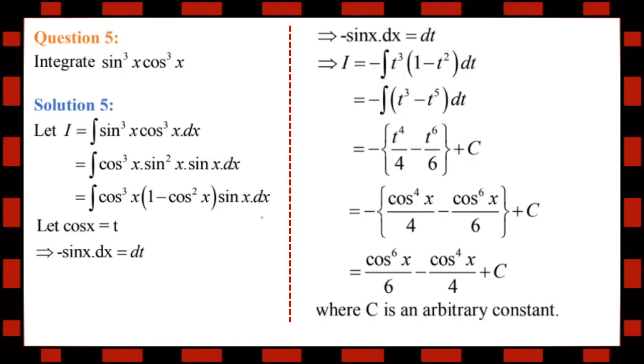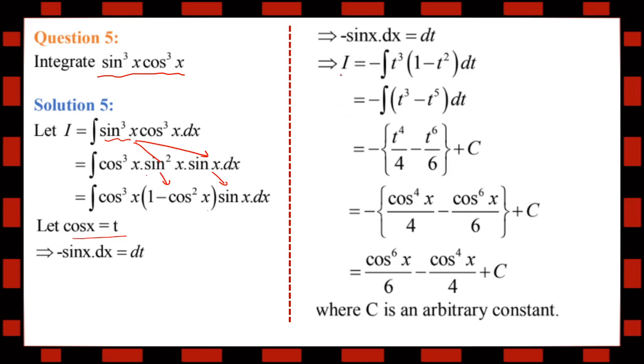Sin cube x cos cube x. Next question, question number 5. Here sin cube x we are splitting, writing sin square x into sin x. Now cos cube x as it is, this sin square x can be written as 1 minus cos square x, and this sin x as it is. Now we are doing the substitution, cos x equal to t, so minus sin x dx equal to dt.